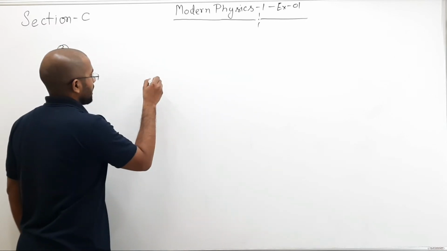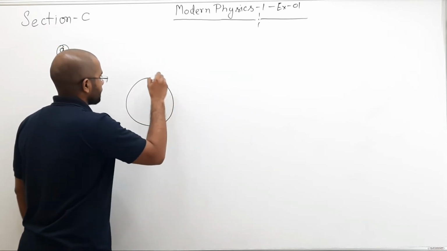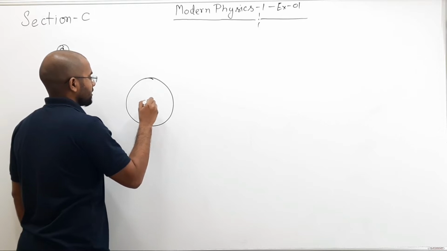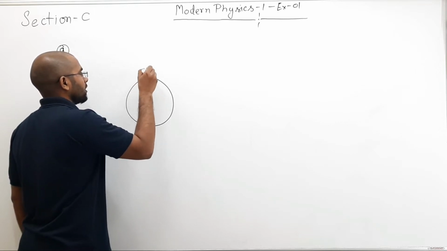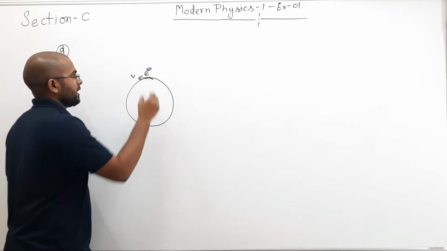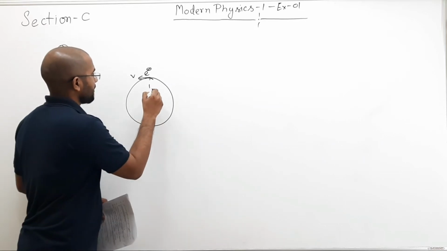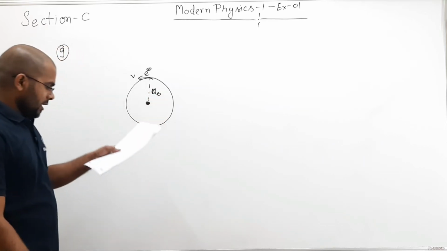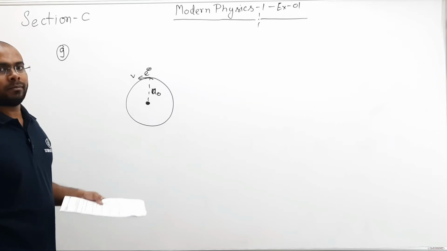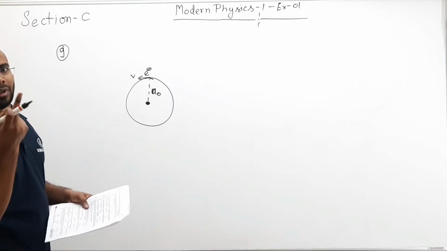They are asking nothing but, in the ground state, there is the nucleus, here is the electron moving with a speed v, and here is the radius they have given as A0. Now in a hydrogen atom, there is only one proton.